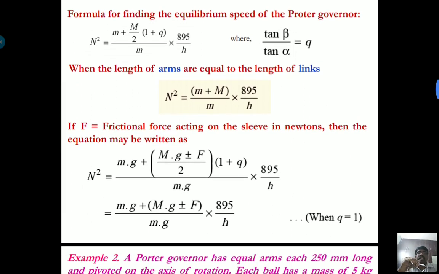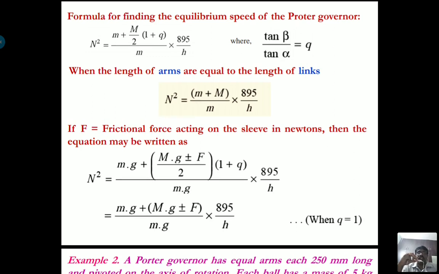Now we can see the various formulas used for solving the Porter governor problem. So here, N² is equal to (m + M) divided by m, into (1 + q) divided by 2, into 895 divided by h.